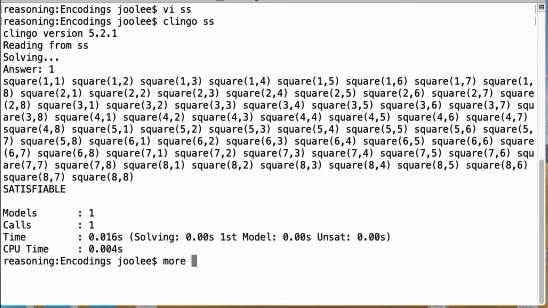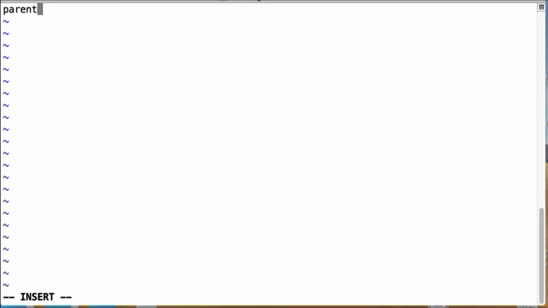So, still the same thing. I have 3 facts in my database, and I want to define grandparent. Who is actually the grandparent of whom in this database?